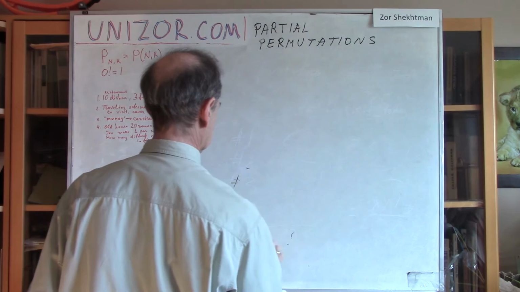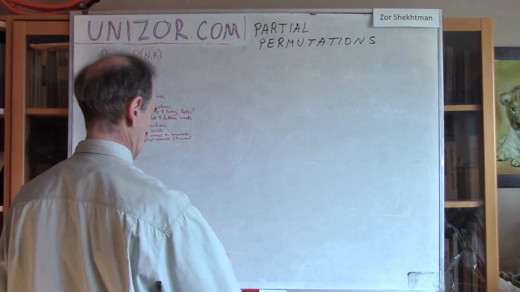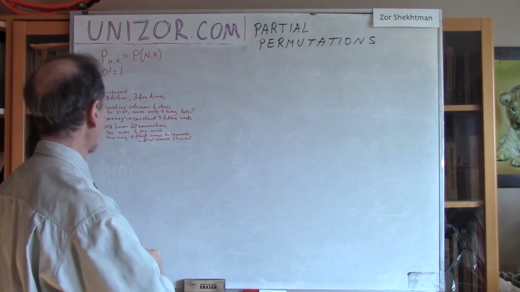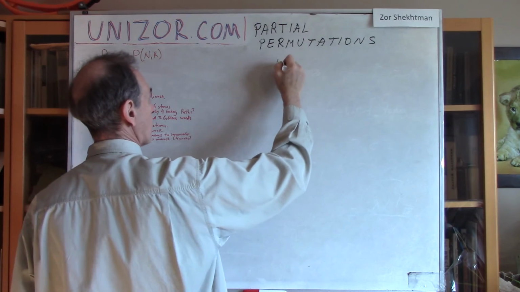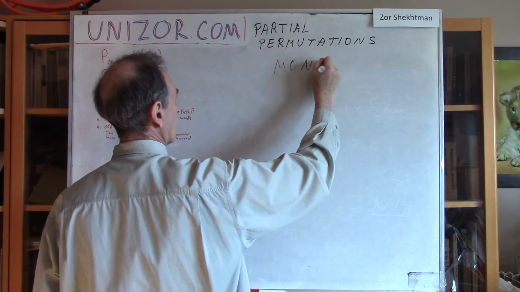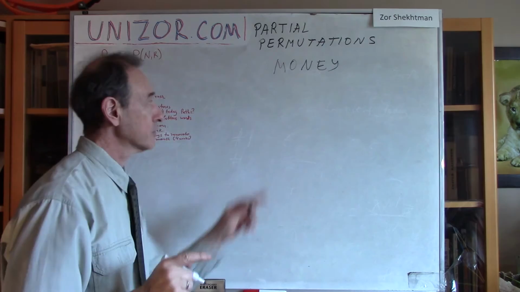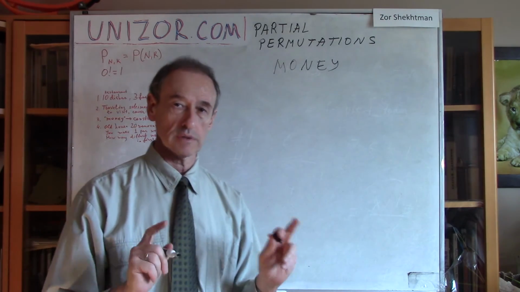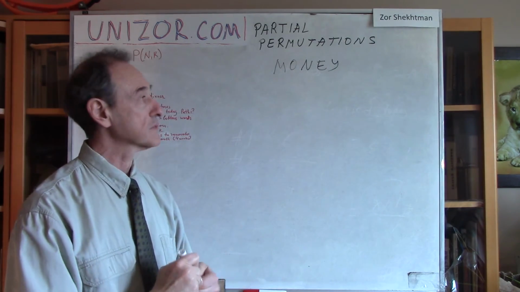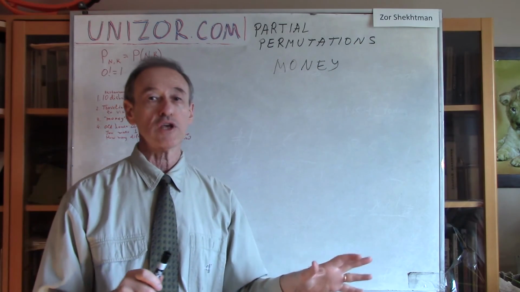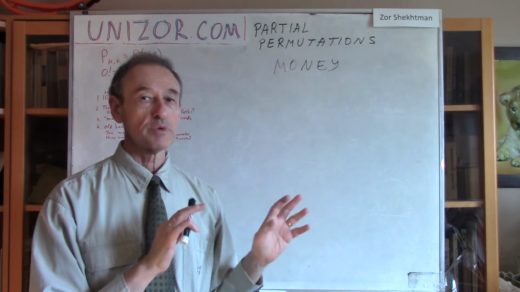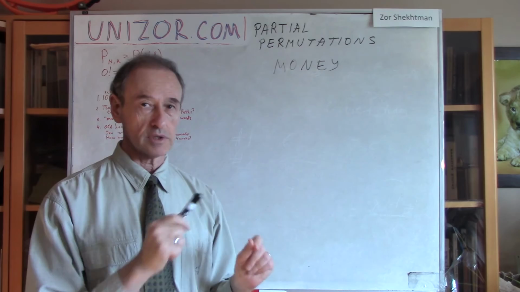Next, you have a word. I chose the word money. And mind you, all letters are different. It's very important, and I always emphasize that when we are talking about permutations, so far we were dealing with permutations of different objects.